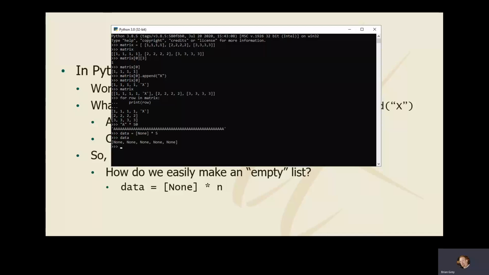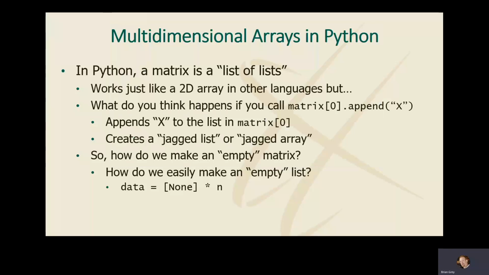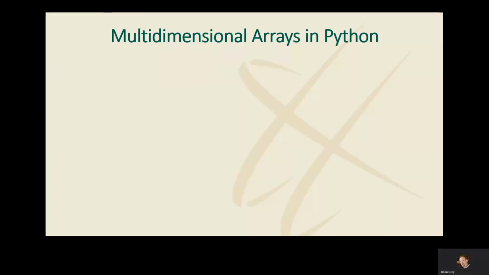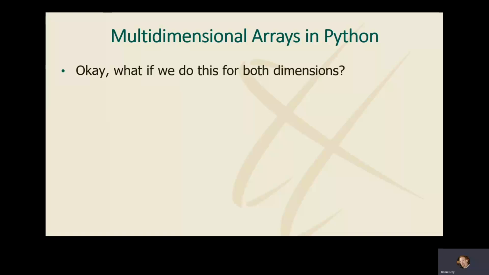So that's cool. That's how we make an empty list. We just do that. And a matrix, a multidimensional array, is just that, right? It's just a list of lists.